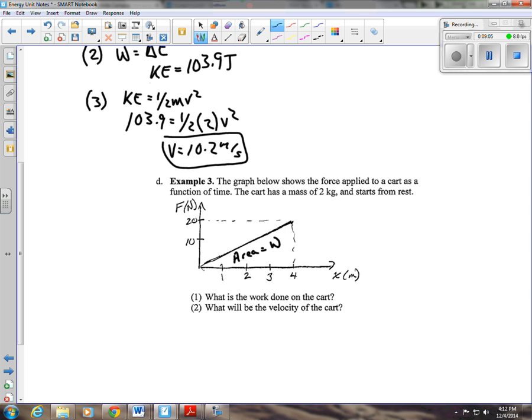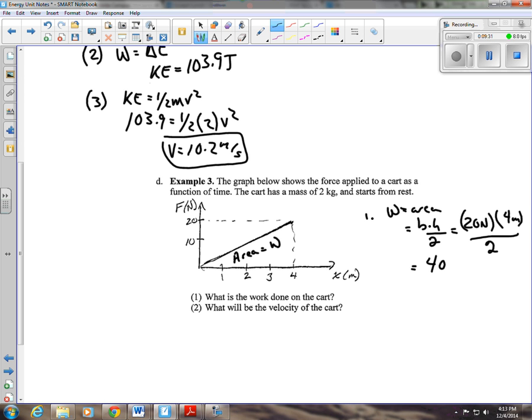All right, so now it says what is the work on the cart? So I'm going to do work equals the area. That's going to be base times height divided by 2. This is a triangle. It's going to be 20 newtons, that's the height actually, times 4 meters divided by 2. That's going to be 40.